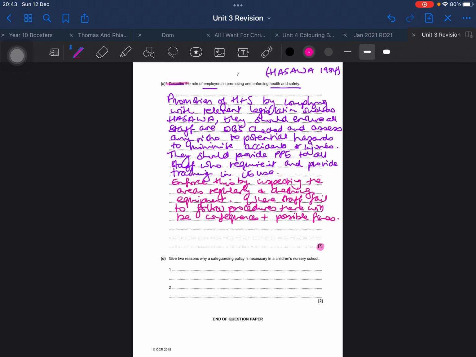Okay, and our last question. Give 2 reasons why a safeguarding policy is necessary in a children's nursery school. So this is taking us all the way back to early years. 1, it's a legal requirement. It's part of Ofsted's mantra as well. So it is a legal requirement, and that comes under the Children's Act.